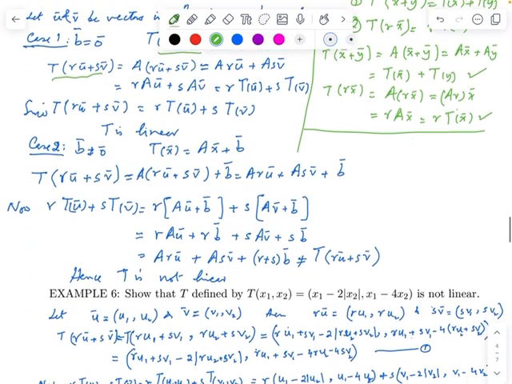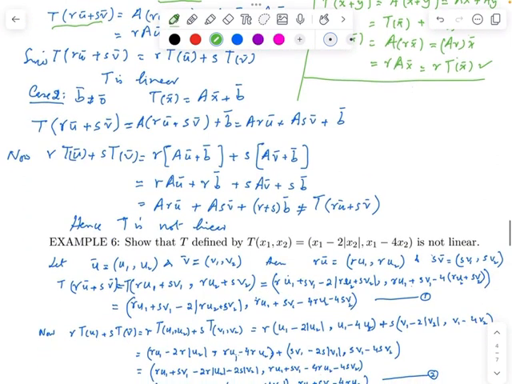In the same way, now I have to show that this is not linear. So we can again do it separately. You can do T of x plus y. That will now be A times x plus y plus b, which is going to give you Ax plus Ay plus b.